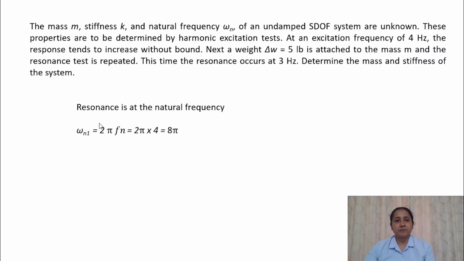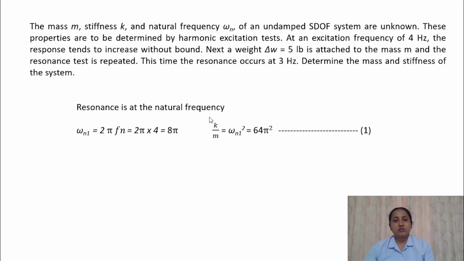So we can write omega n1 is 2 pi Fn. Fn is given as 4 Hz here. So that is the excitation frequency when the resonance happens the first time. So omega n1 is 8 pi, and we know that the natural frequency omega is equal to root k by m.